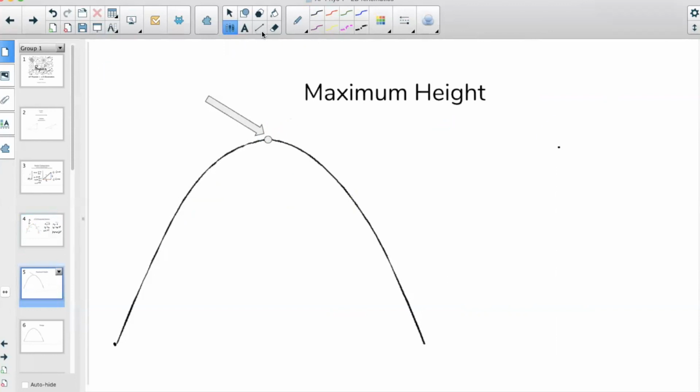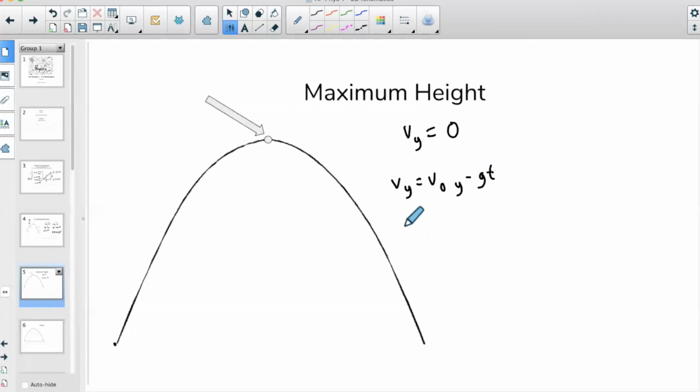And so we're often going to be asked on the AP exam during a projectile motion problem, what is the maximum height? So the first thing we're going to need to do to find that equation is we're going to write down that we know that the final velocity at the height is just going to be 0. Then we can go back to our equation, Vy equals V naught y minus gt.